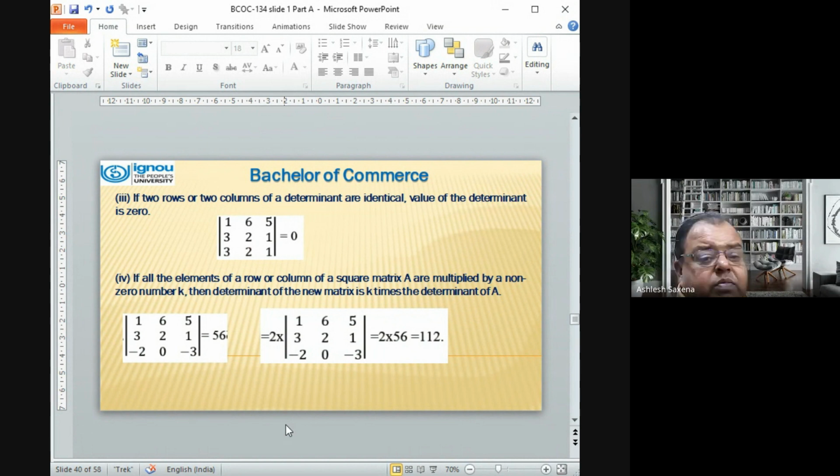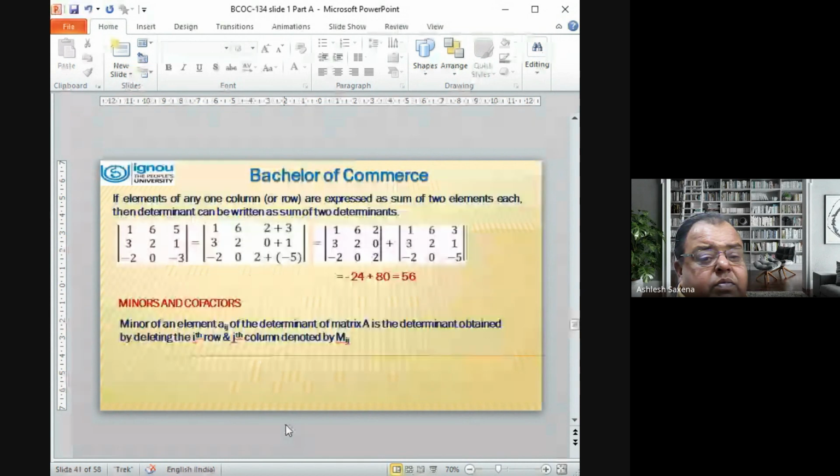If elements of any column are expressed as the sum of two elements, then the determinant can be written as a sum of two determinants. Now see to it, this is the question. What is happening over here?